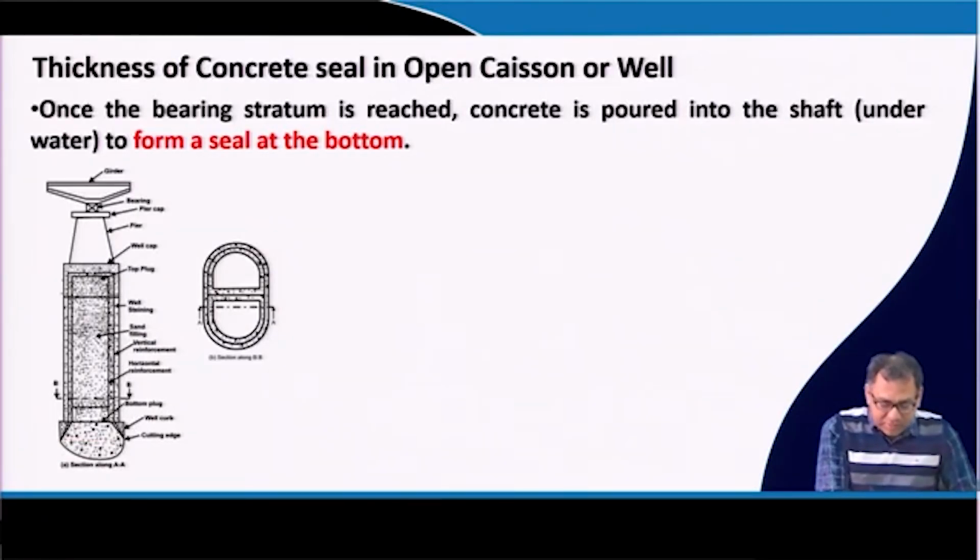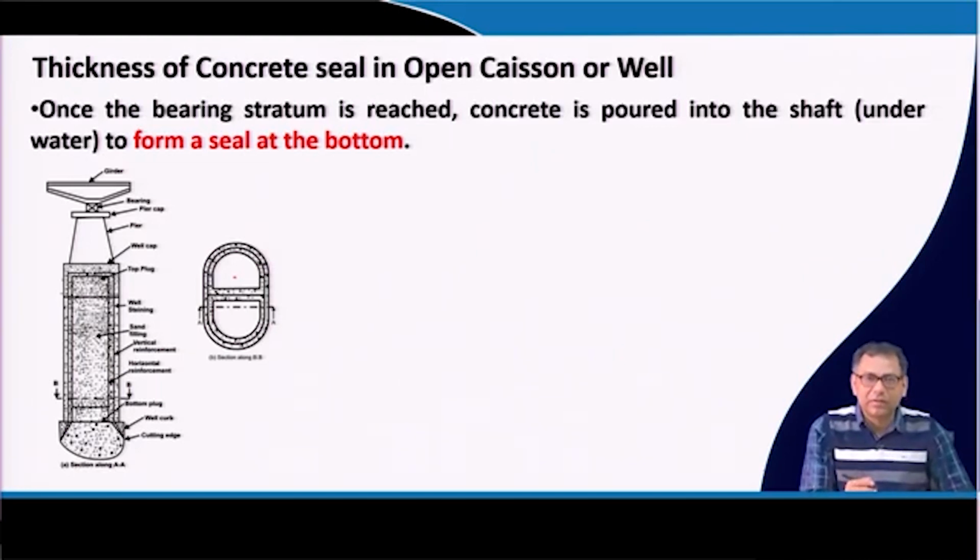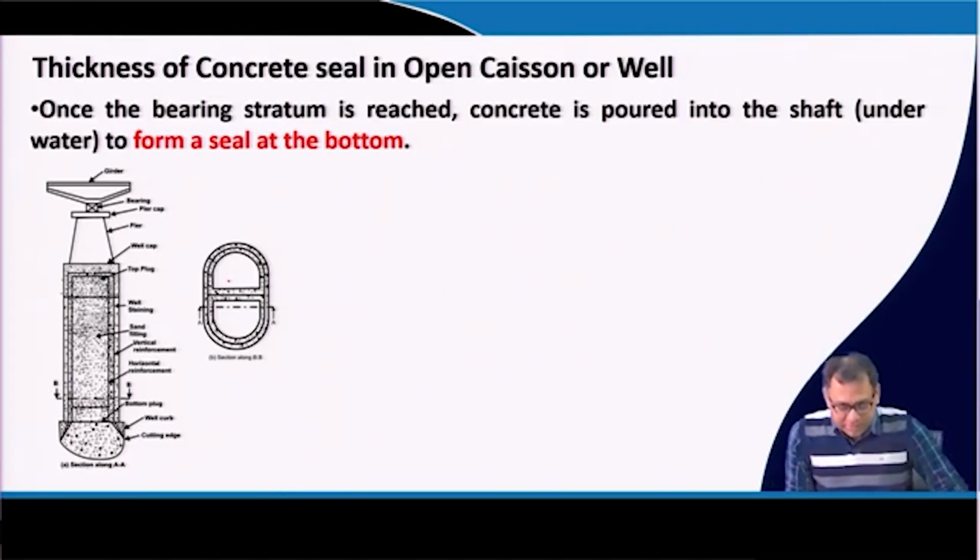So, this is the shaft and this is the place where the concreting is done to seal the bottom, and then once the concrete hardens, the shaft is filled with sand or concrete, and then the further constructions are done.